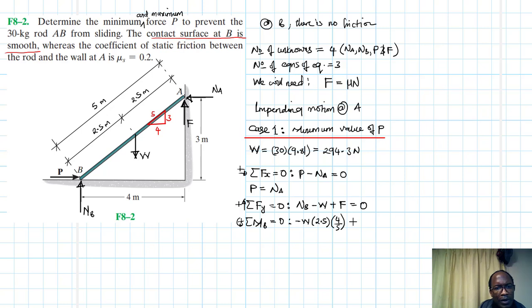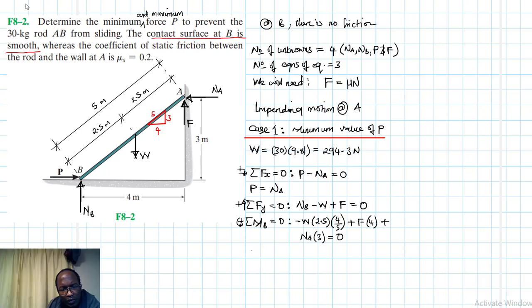Okay, and then we have plus F by 4. Then we have plus NA by 3 equal to 0.